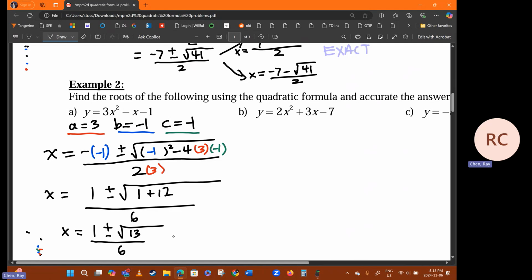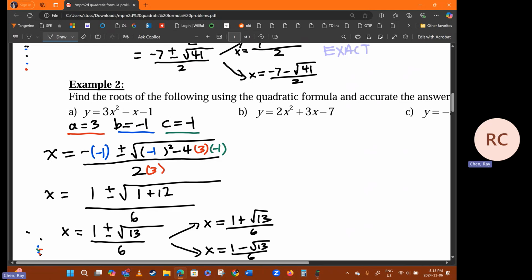And again, what this means is that we're going to get the solution for the first root, 1 plus root 13 over 6. And the other one is x equals 1 minus root 13 over 6.